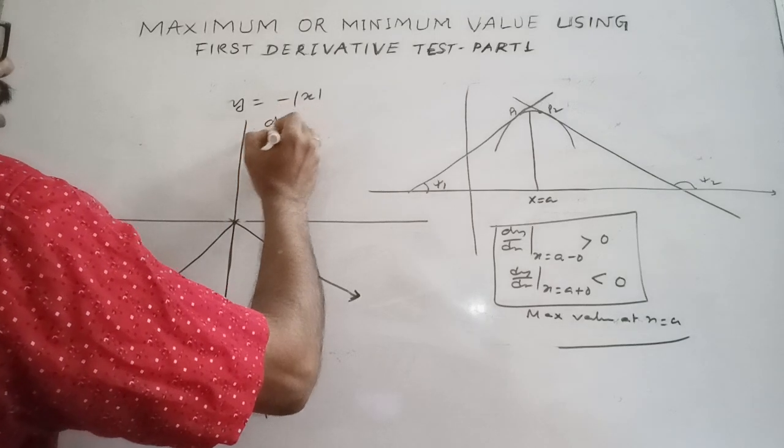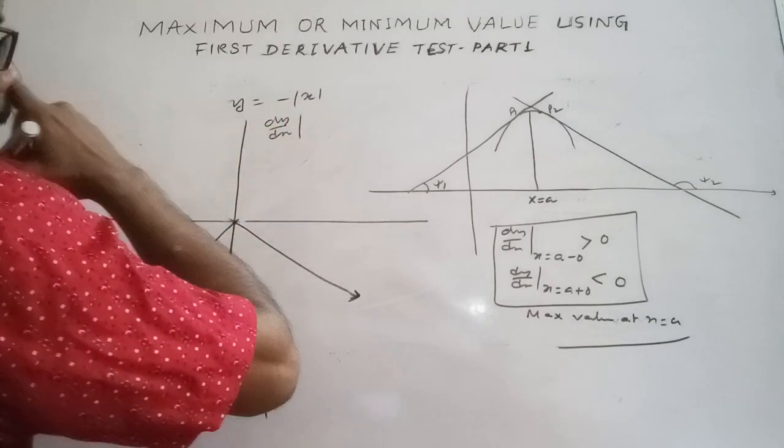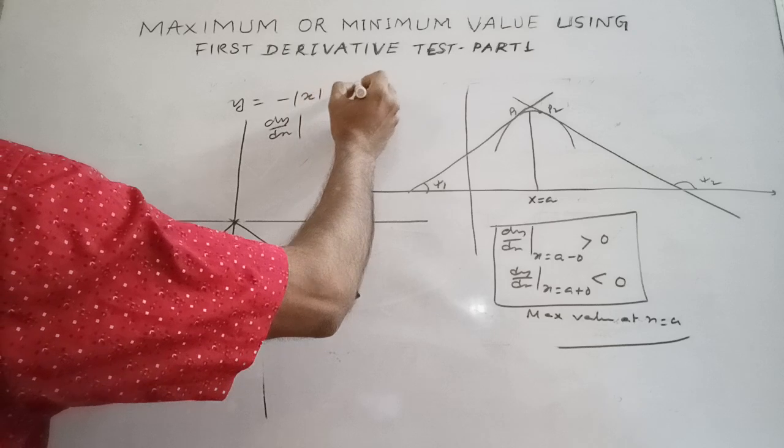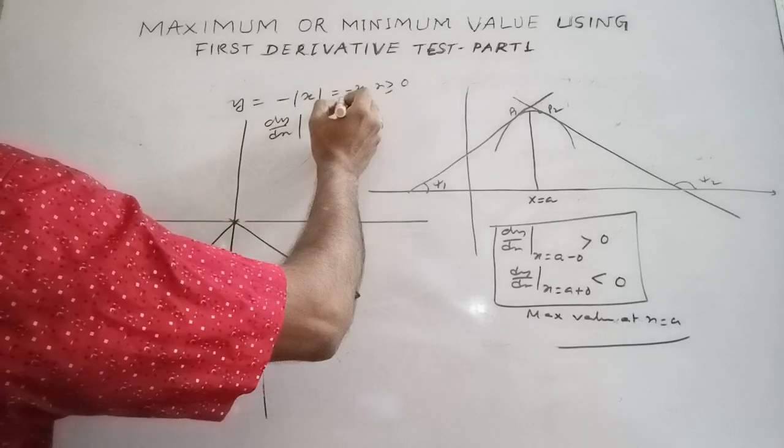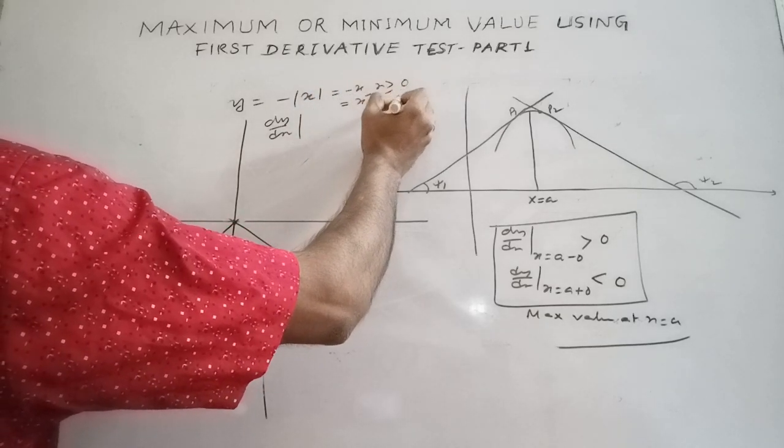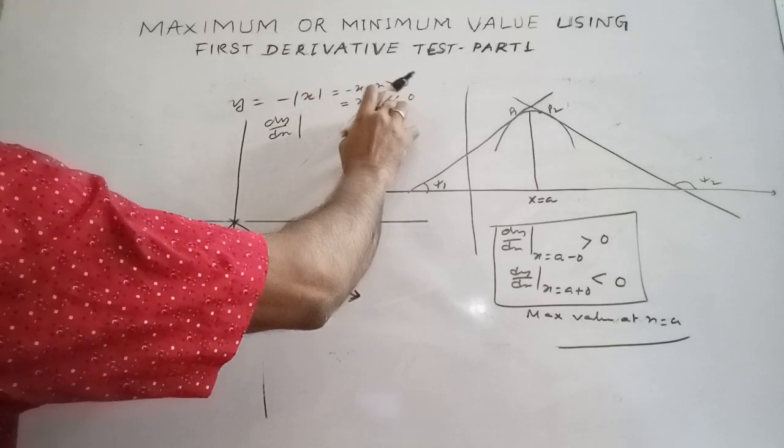Now, if we calculate dy by dx, so this is minus x for x greater than or equal to 0, this is plus x for x less than 0.